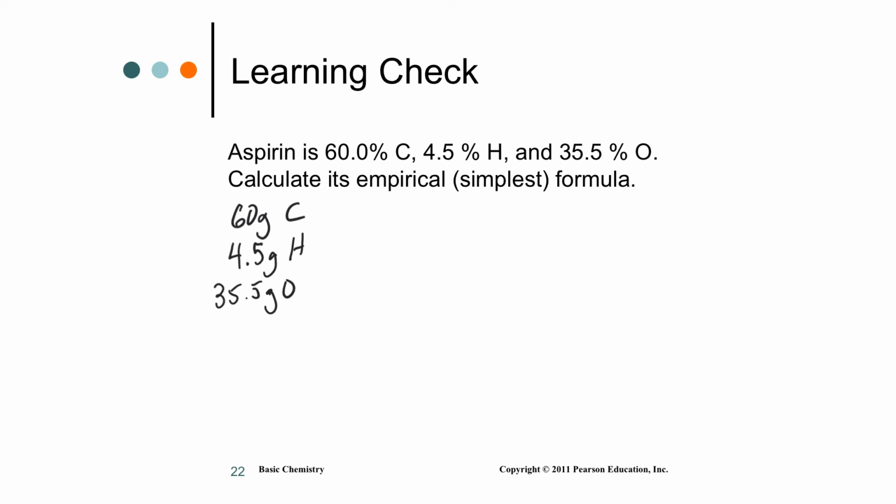So when you're given percentages, choose out of a 100 grams. Then 60% of 100 is just 60. And this number simply becomes that. I don't have to do any math at all.